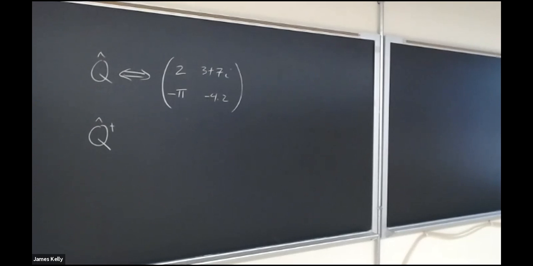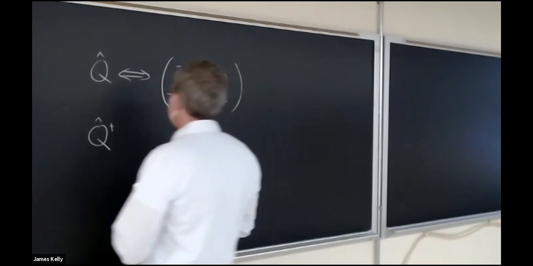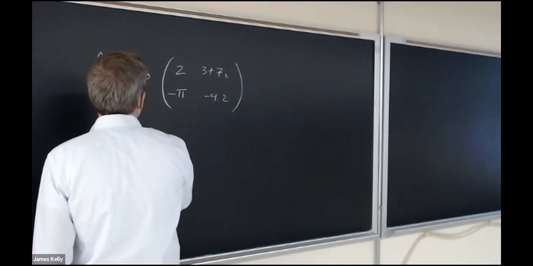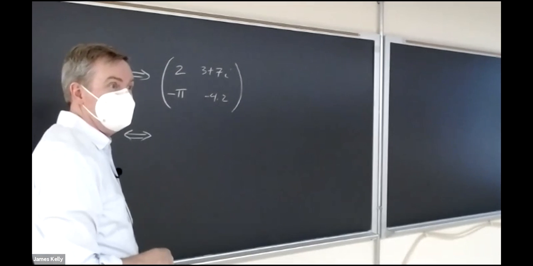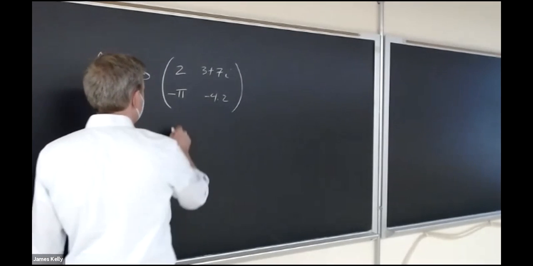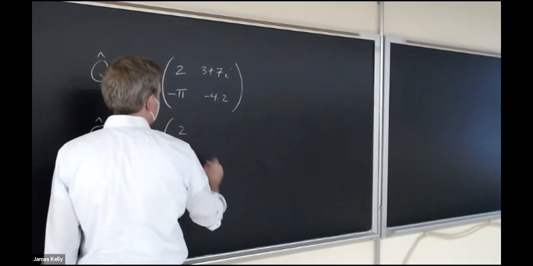The answer is, you take what's called the transpose of the matrix, so you flip it along the diagonal, and then you also take the complex conjugate of every number in it. So it's called the transpose conjugate. So this corresponds to matrix elements. Diagonal stays the same.